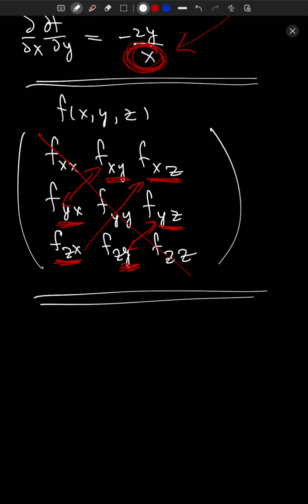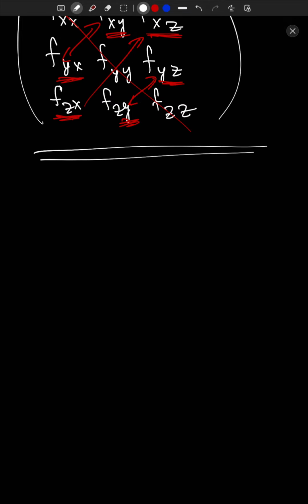Okay, and of course, certainly you can take more derivatives. You can take 3 derivatives, 4 derivatives, however many you want, right? You can take f, x, x, x, x, x, x, however many times you like. Again, perhaps the other notation would be better in this case: 1, 2, 3, 4, 5, 6, d6f, dx6, okay?